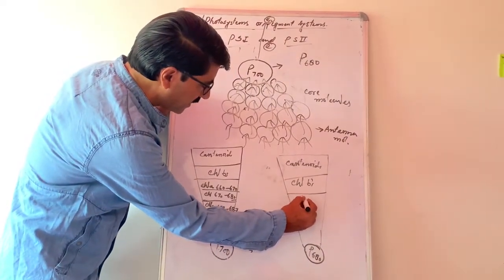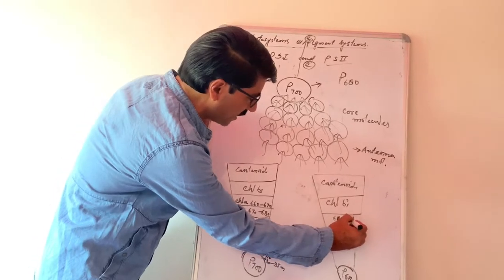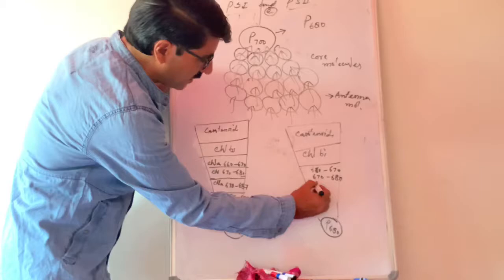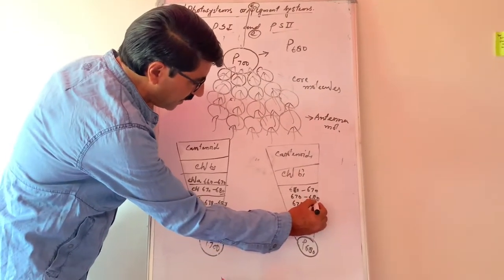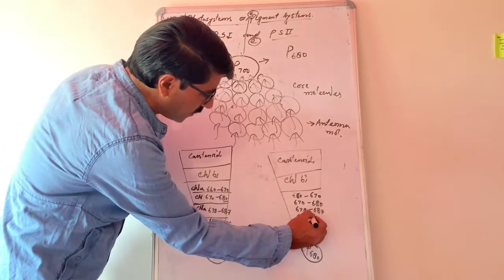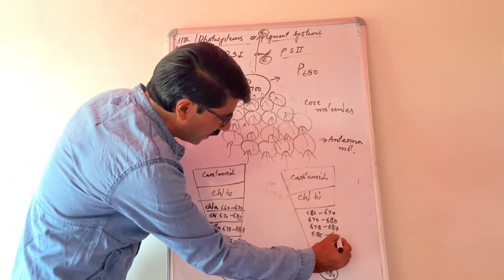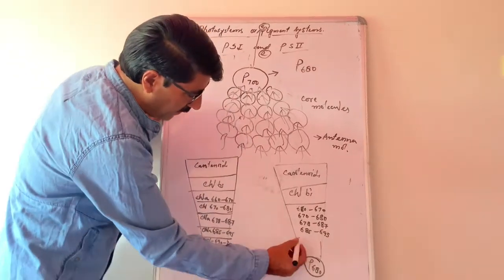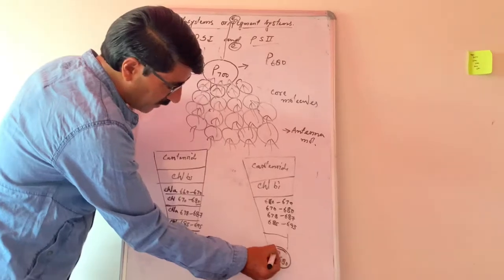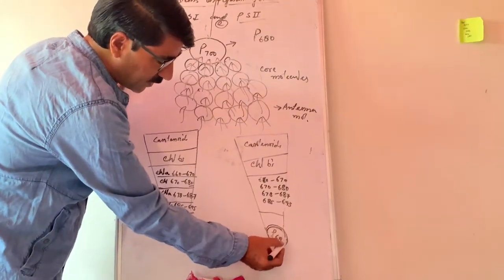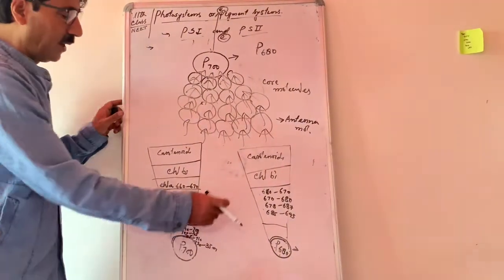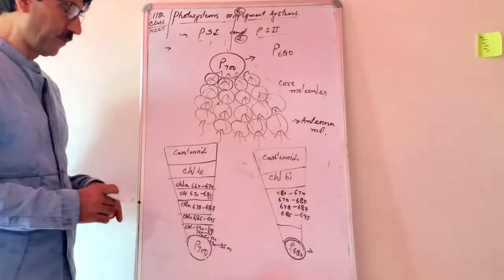It is 660 to 670, 670 to 680, 678 to 687, then 685 to 695, and then there is the peak absorption at 680. This is the reaction center and the photocenter. So these are the different chlorophylls and the distribution of different chlorophylls.